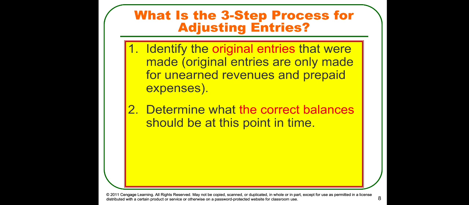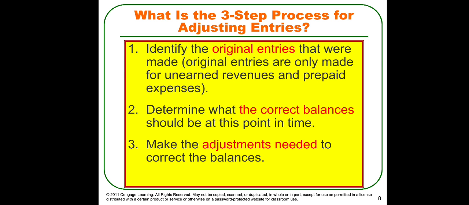Okay, when you do the adjusting entry, there are 3 steps. The first one is you have to know the original entry. You have to know the first transaction that happened related to the adjusted entry.